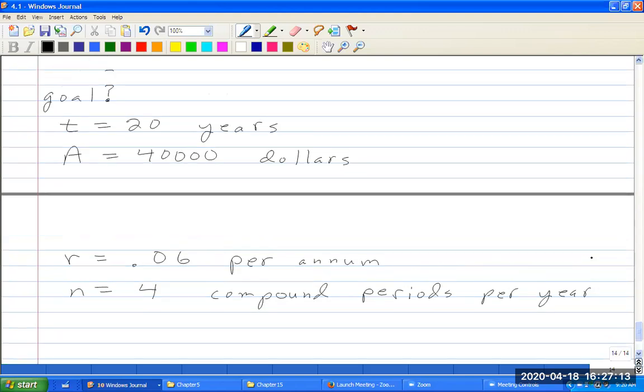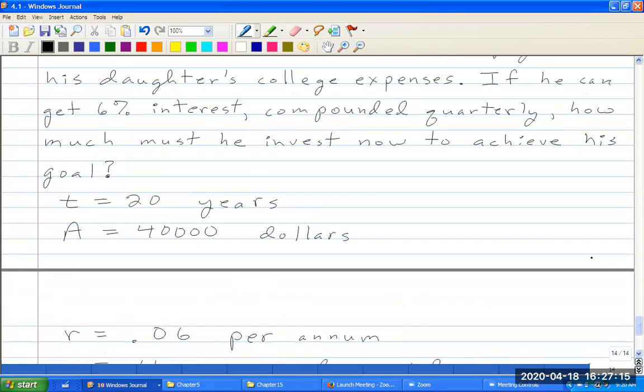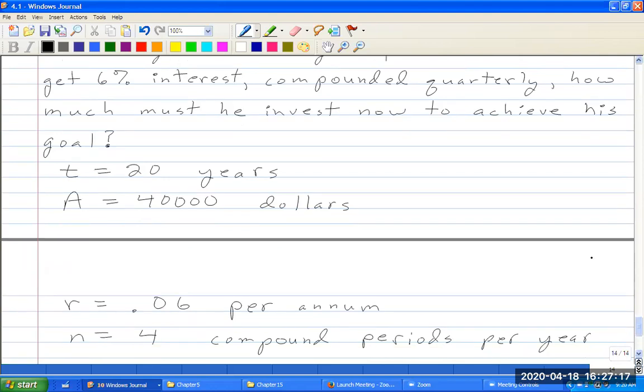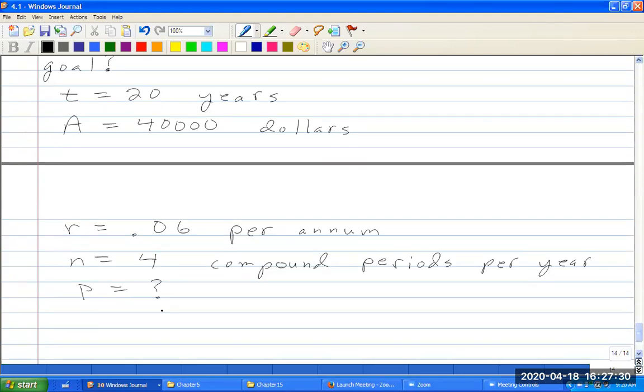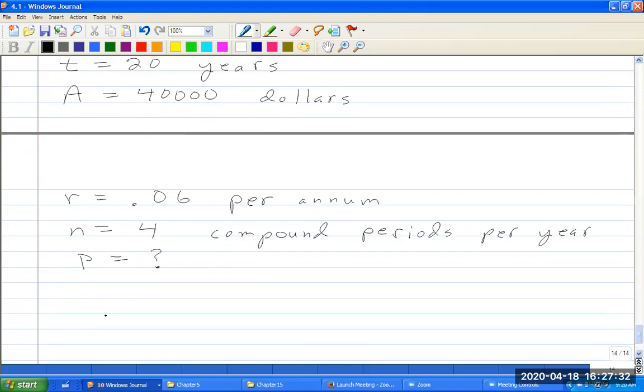How much must he invest now? So they're asking how much he must invest. What is P? Okay, so let's do this. I have, again, the compound interest formula. A equals P times (1 plus R over N) to the NT.